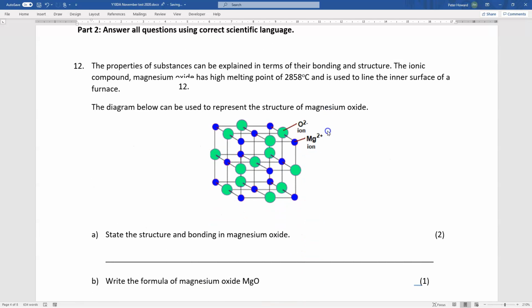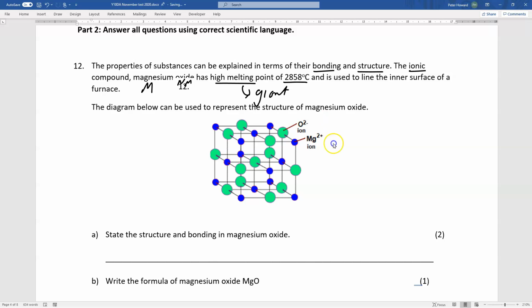Question 12, let's see what information is provided in the question. Properties can be explained in terms of bonding and structure. The ionic compound, so thinking metal plus non-metal. High melting point. Again, anytime I think of high melting point, I think of giant structures.